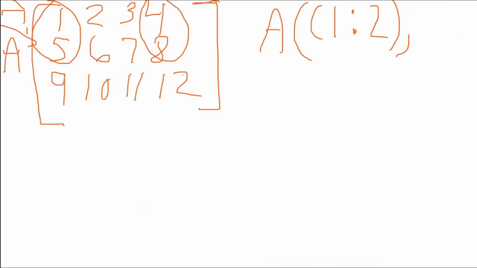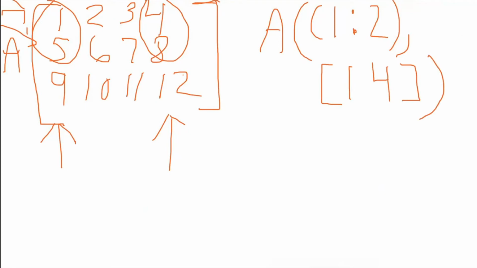And then which columns do we want? We want the first and fourth column, and we came up with doing it this way: 1 and then 4, and we can index them that way. So this gives me the first column and the fourth column.